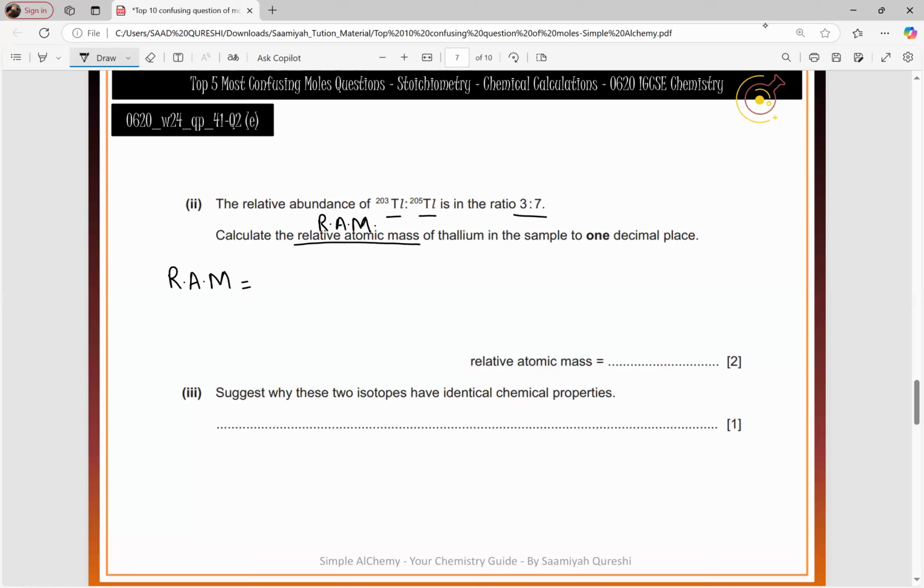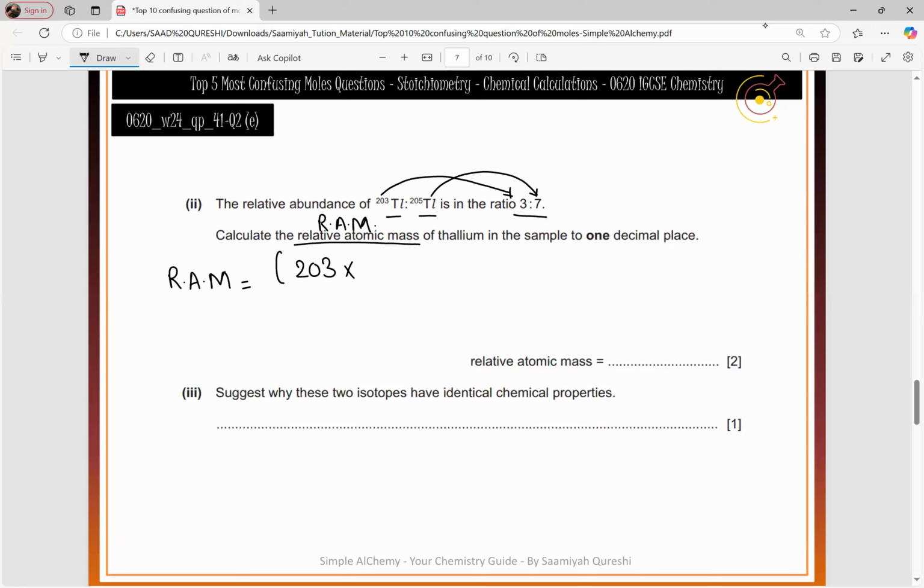we will add the two isotopes with each other. And how will we add the two isotopes? First, we will multiply the isotope's mass with its abundance. So the thallium-203 is in the amount of 3%, and the thallium-205 is in the amount of 7%.